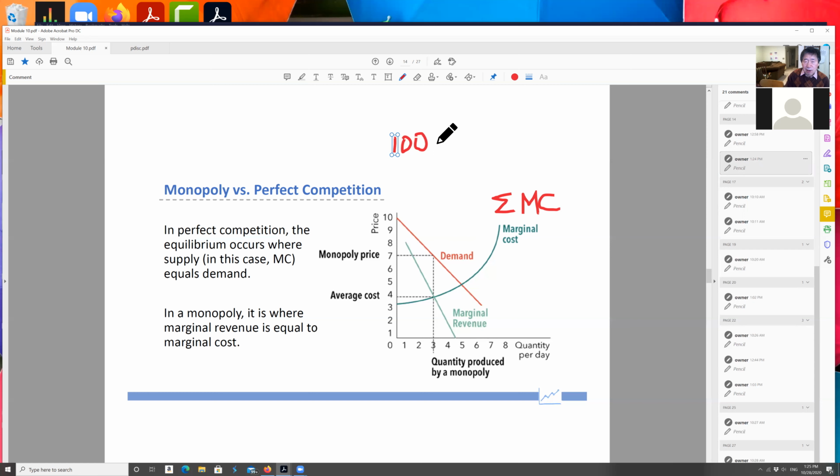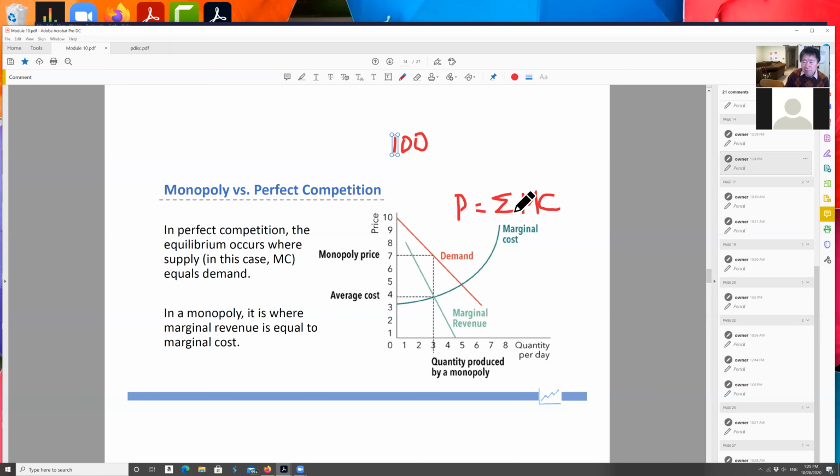So suppose there are 100 companies, or maybe even more than that. And if they were perfectly competitive firms, their output would occur at the place where price equals marginal cost, okay?